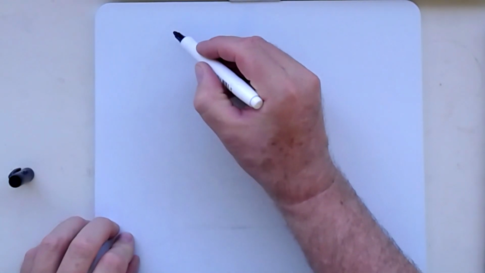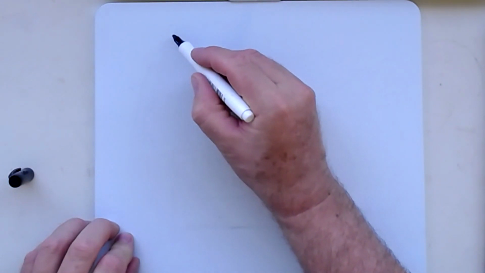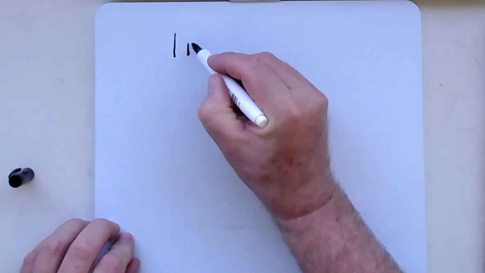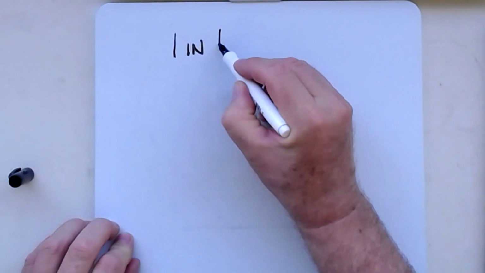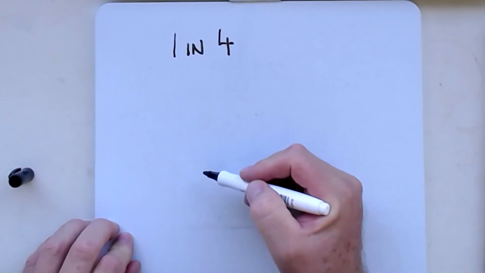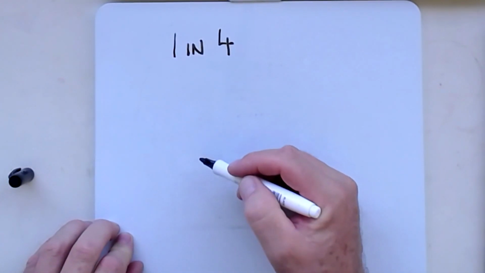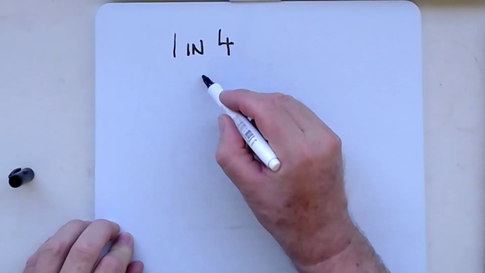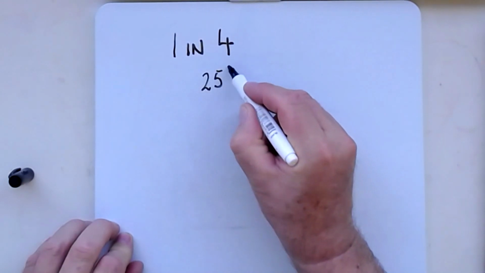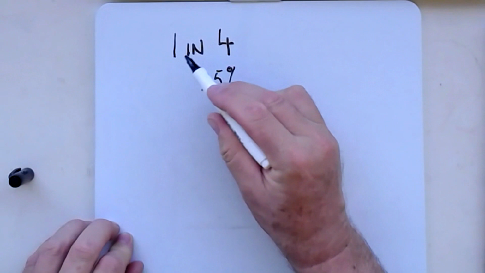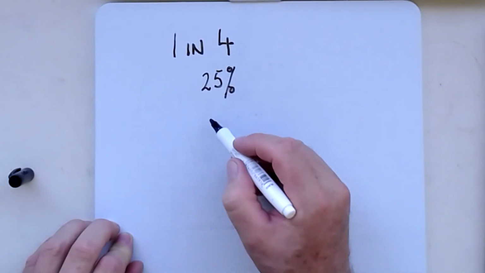So back at the whiteboard, we're going to talk about how grades are designated. You might say they're 1 in 4 or 25%, 1 divided by 4.